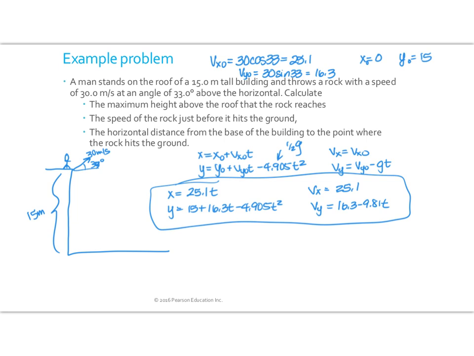So the first question asks, what's the maximum height above the roof that the rock reaches? Well, I know that it reaches its maximum height when Vy equals 0. So I'm going to use that to find the time.